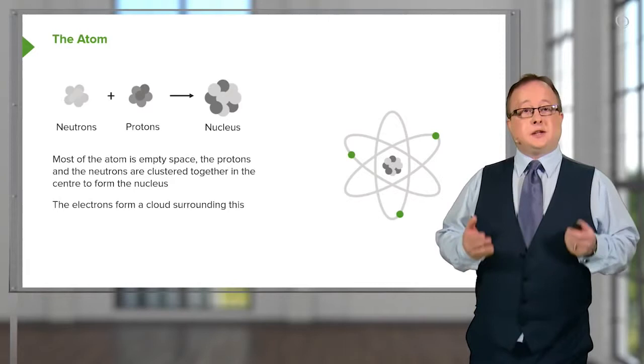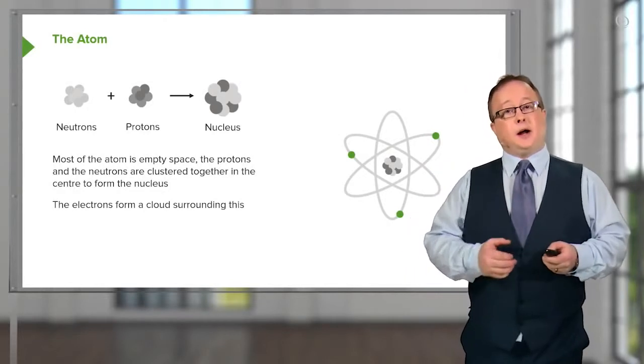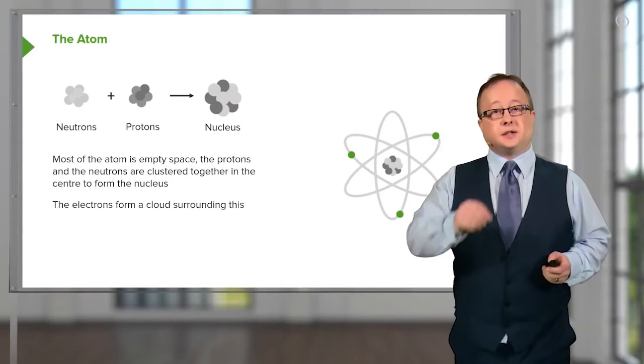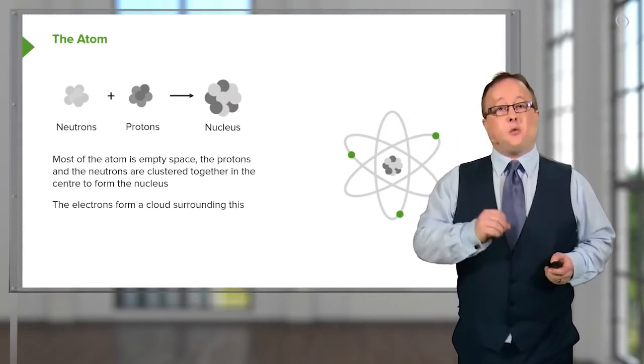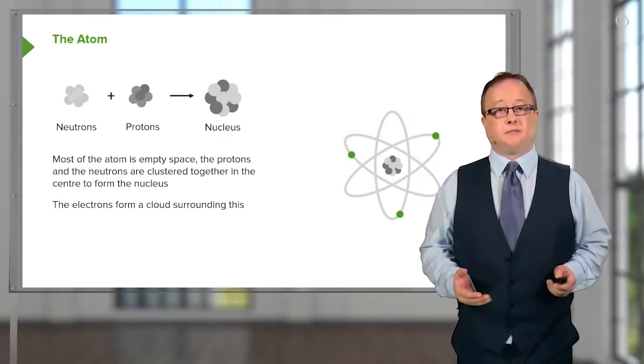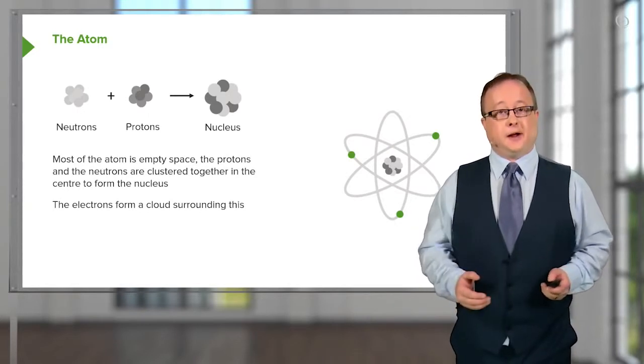Most of the atom is actually empty space, with the protons and the neutrons clustered together in the center. And this is something that was actually detected experimentally by Thomson and Rutherford. The electrons seemingly form a cloud around the central nucleus. And it is these electrons which engage with each other to form matter, as we currently understand it, whether it's ionic or whether it is indeed covalent.